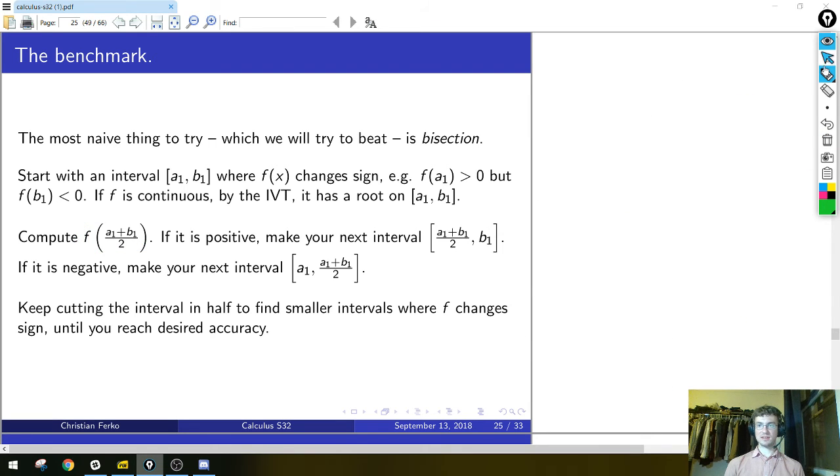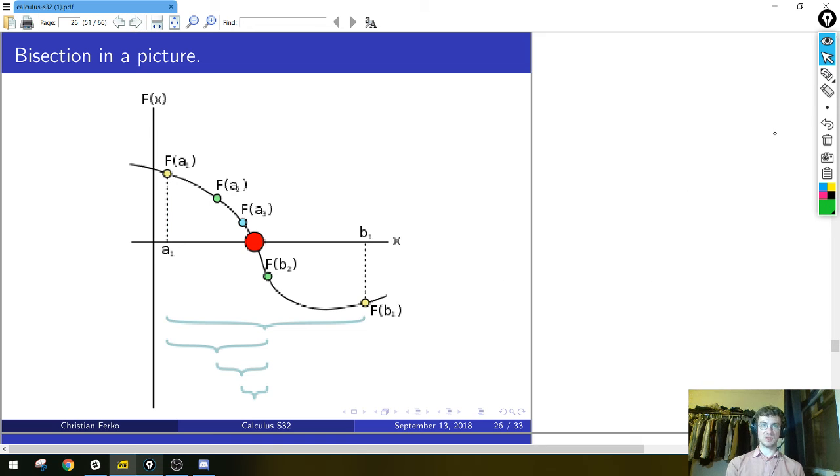It's totally the simplest thing you would think of. Here's the picture. So it's the same thing I just drew. You know the function is positive at some point a1, and it's negative at some point b1. So you try halfway in between, cut it in half, and say, okay, we tried halfway in between and it was negative, so now we're going to cut it in half and try halfway in between again.